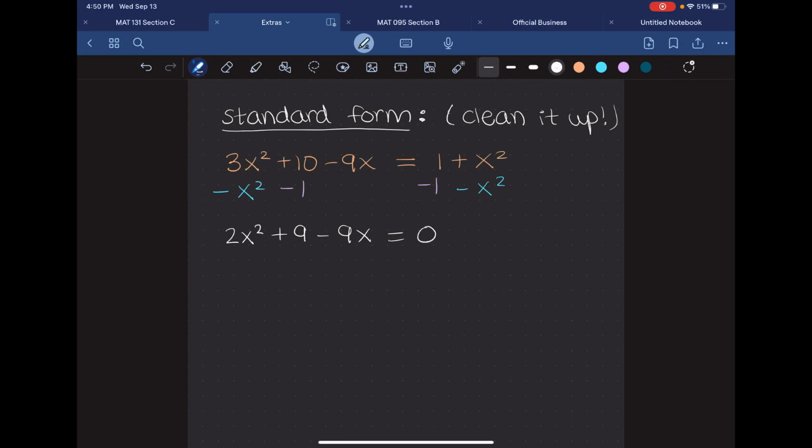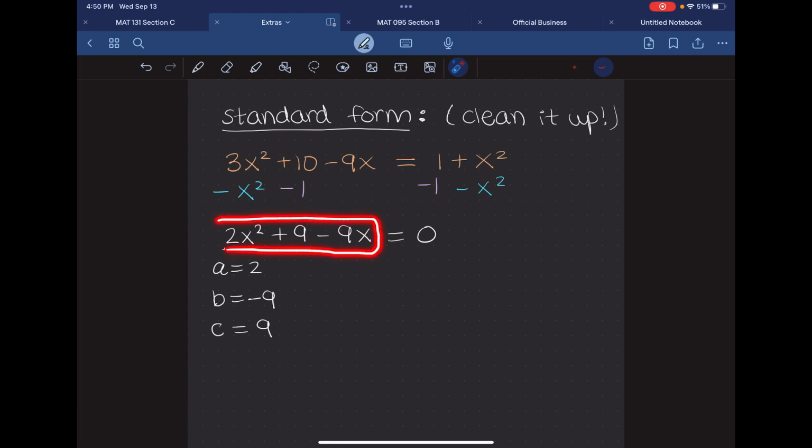We can identify that our a is going to be equal to 2 right here. Our b is going to be equal to negative 9 right here, the coefficient of our x. And our c is going to be equal to positive 9. If it helps, you can rearrange this in decreasing degree.